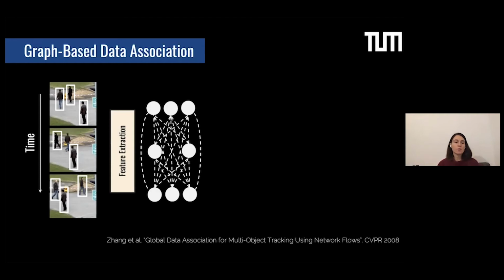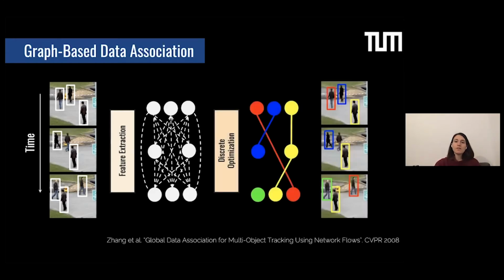We had a work in 2016 where we had a Siamese neural network trying to figure out whether these two bounding boxes represent the same person or not. And once this information was inside the graph, then we would have a second separate step, which was a discrete optimization, which was basically solving the graph problem.